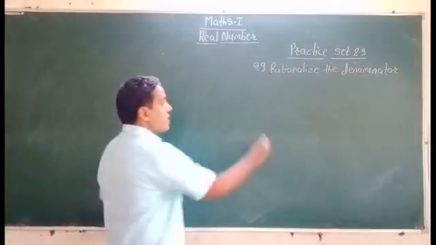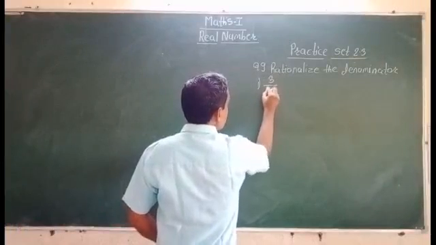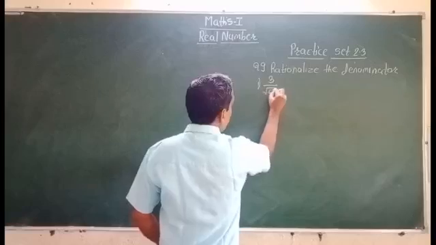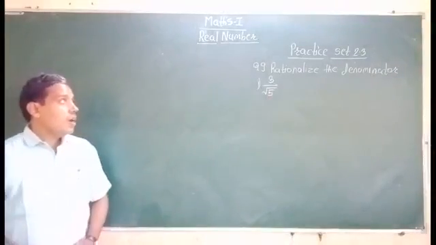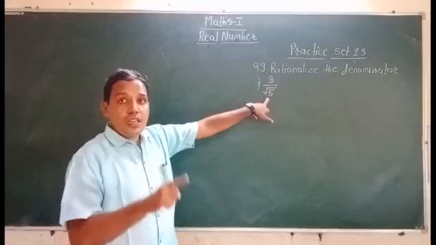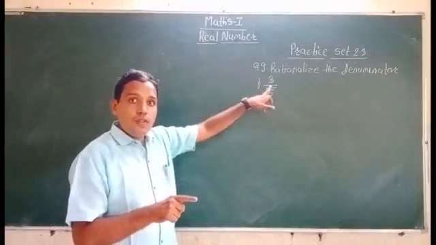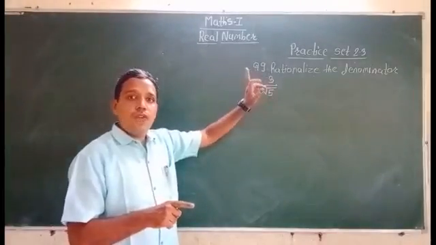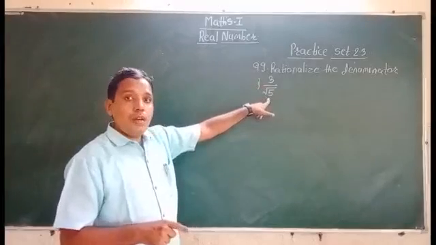How can we rationalize the denominator? So the first question is 3 upon root 5. In this number, at the denominator a surd is given, and we have to remove that surd and get a perfect rational number.